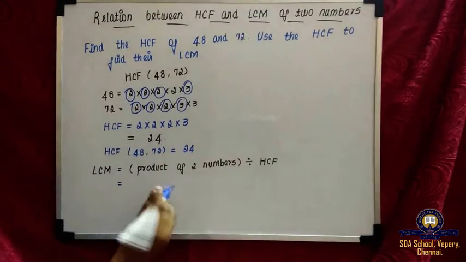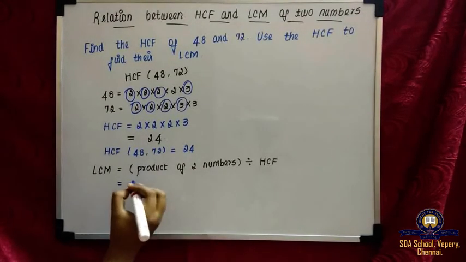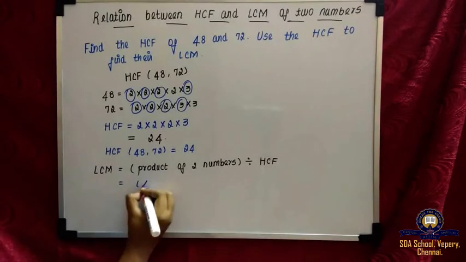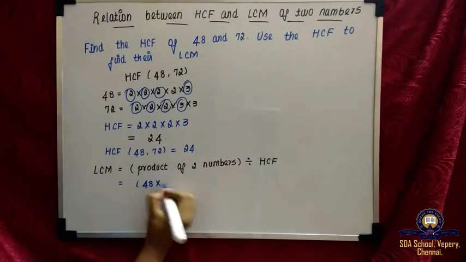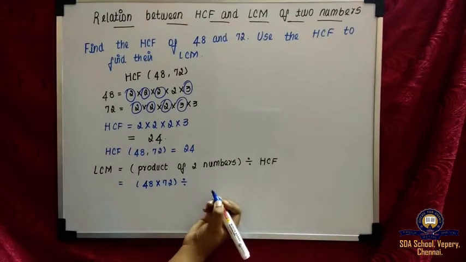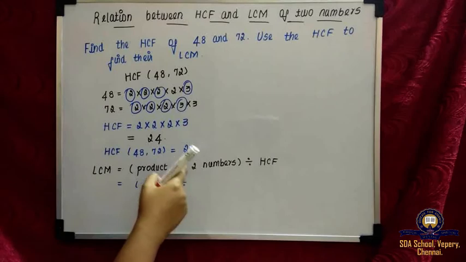The two numbers given here are 48 and 72, right? So 48 into 72 divided by the HCF. The HCF of 48 and 72 is 24.